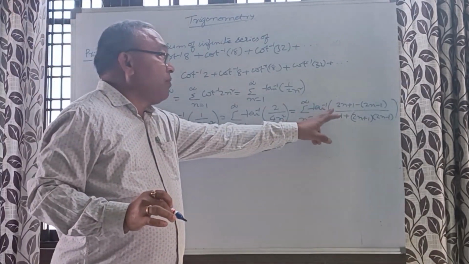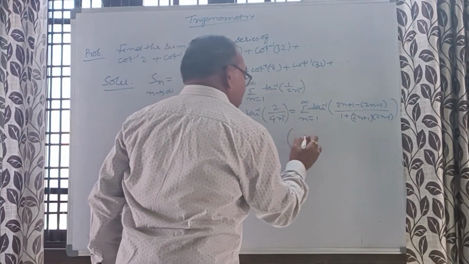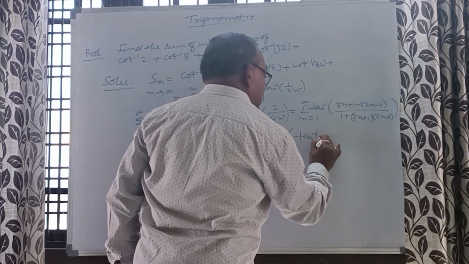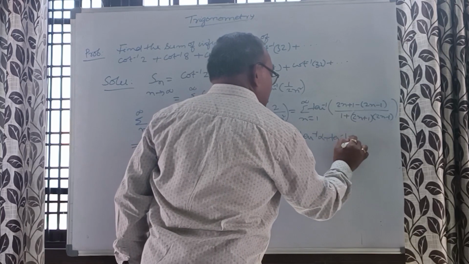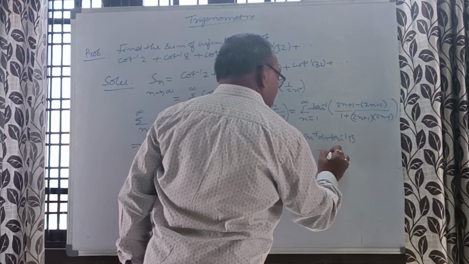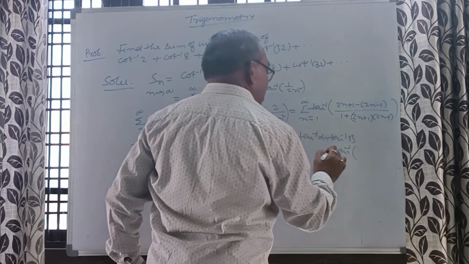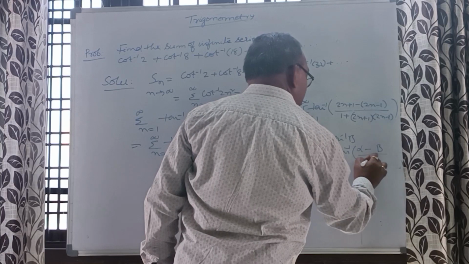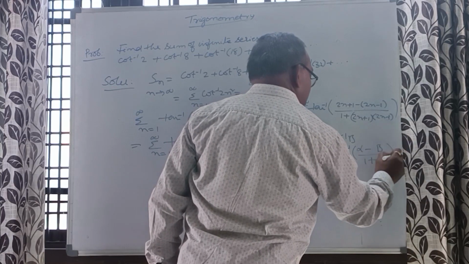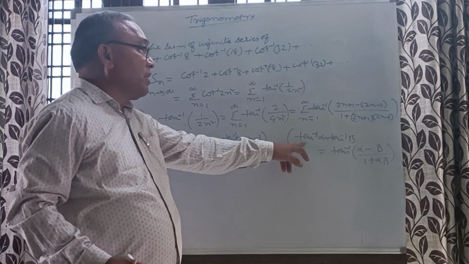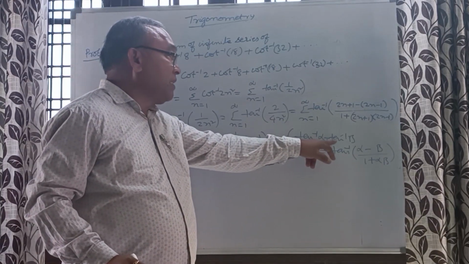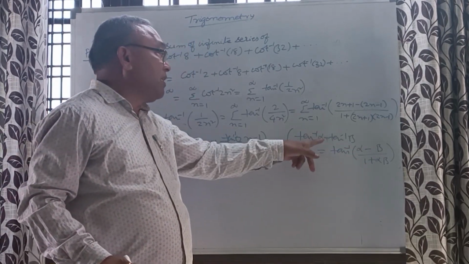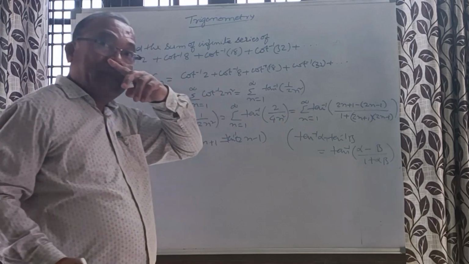I will explain here: tan inverse of alpha minus tan inverse of beta is equal to tan inverse of alpha minus beta by 1 plus alpha beta. Here minus is there, and here plus will come. On interchange, plus means minus will come here, like that.